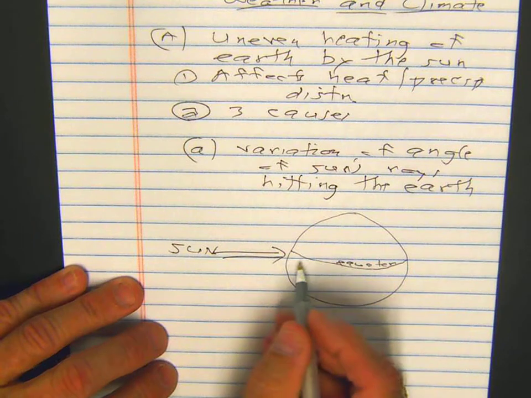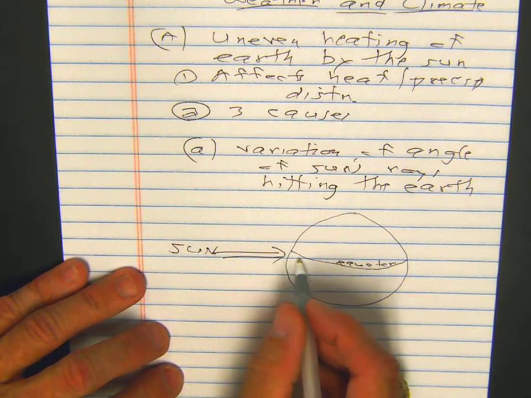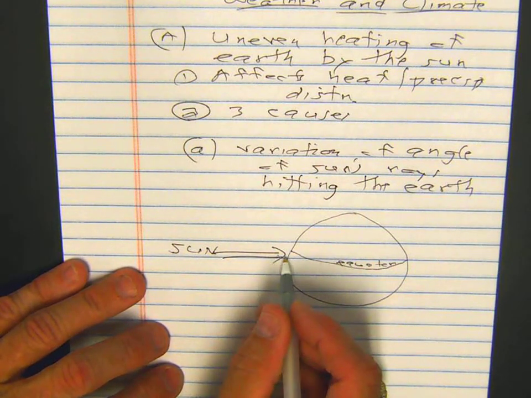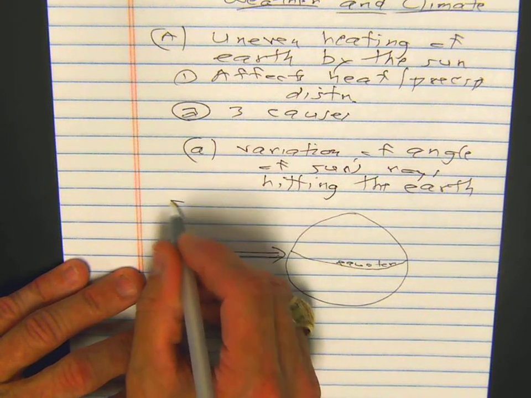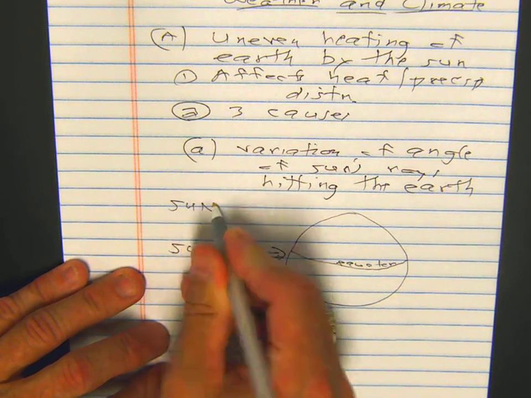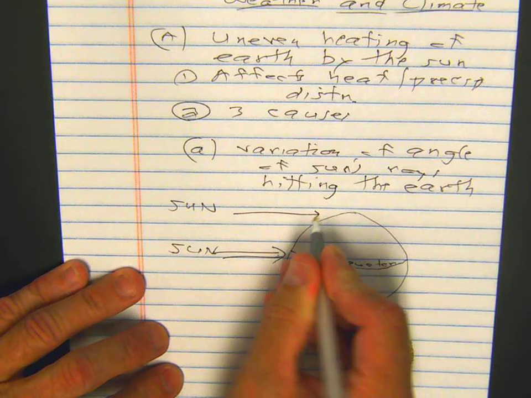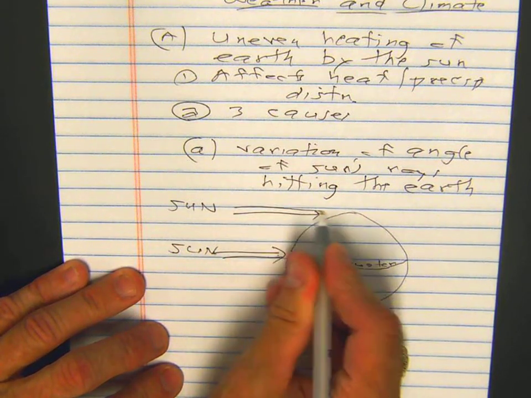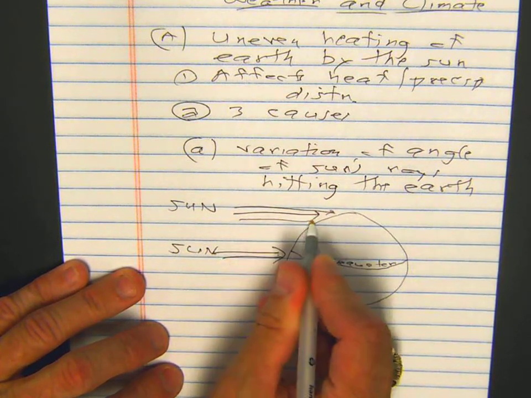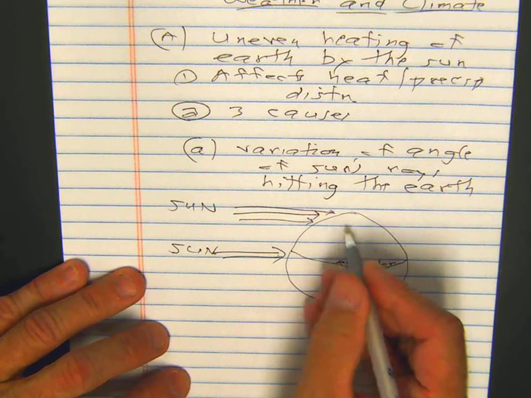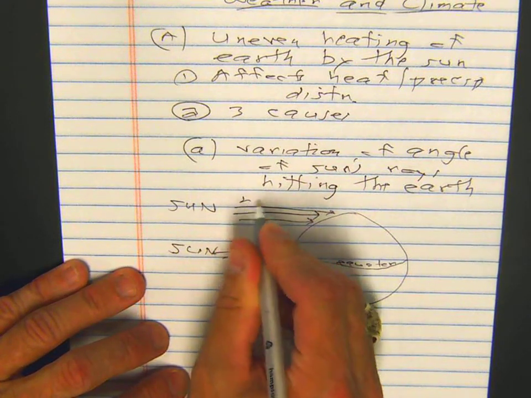All right, if it strikes the equator here, it has a distance to travel. When the sun comes in up here, the distance to travel when it hits the poles is much longer.